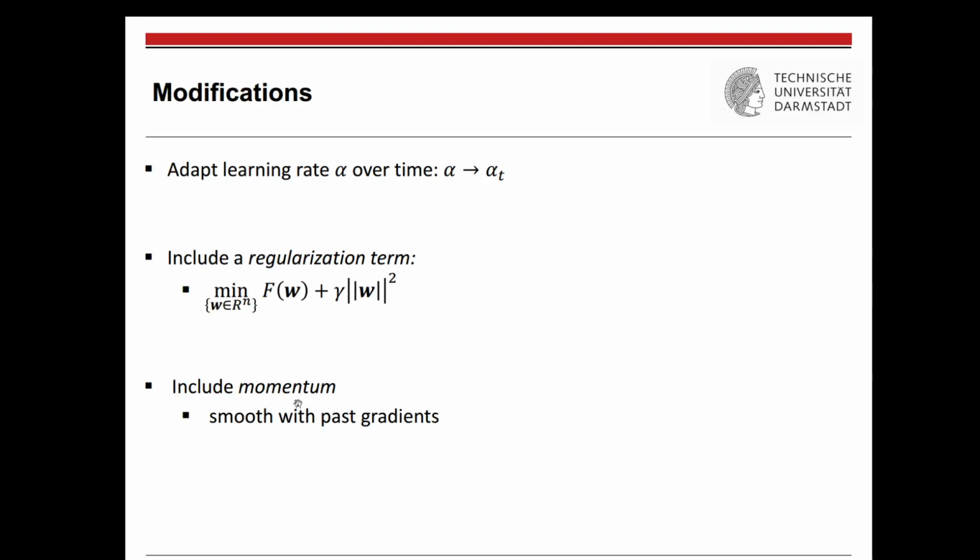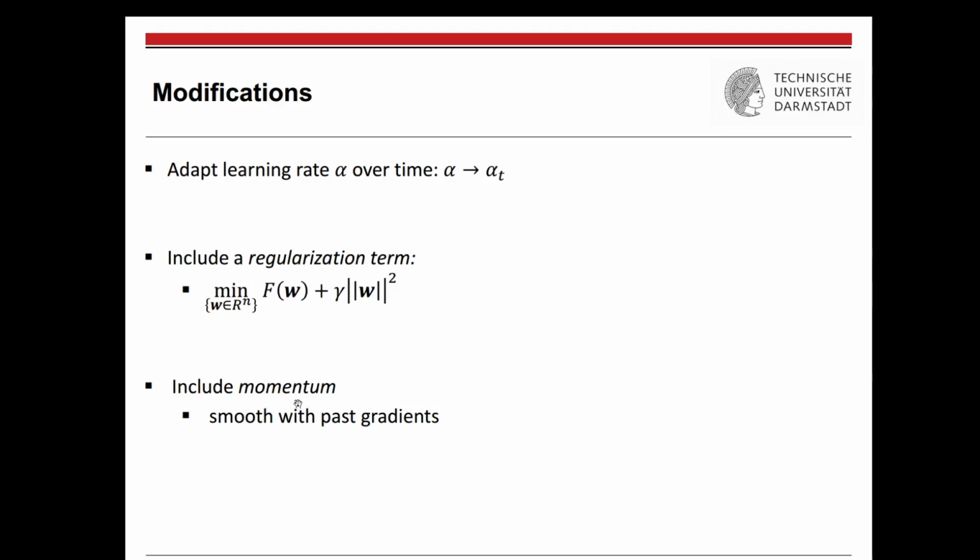However, the current gradient may be due to an unlucky drawn point from our data set, and maybe this point is an outlier, maybe it's falsely classified, so our gradient could point in the wrong direction, right?